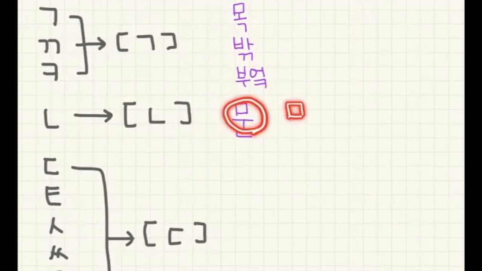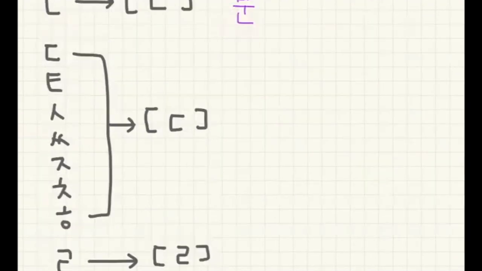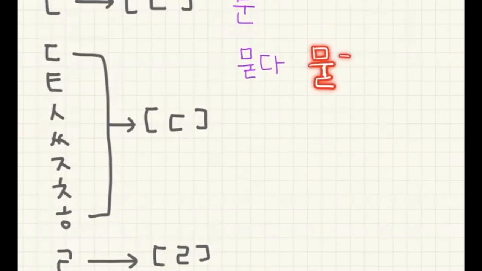Can you read only this part? 무. With this final consonant, it sounds 문. Can you read this part? 무. Attached with this one, the sound is 묻다.